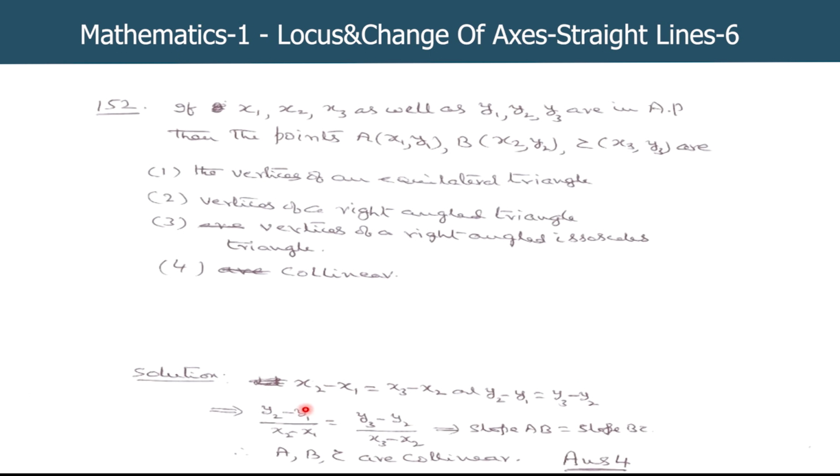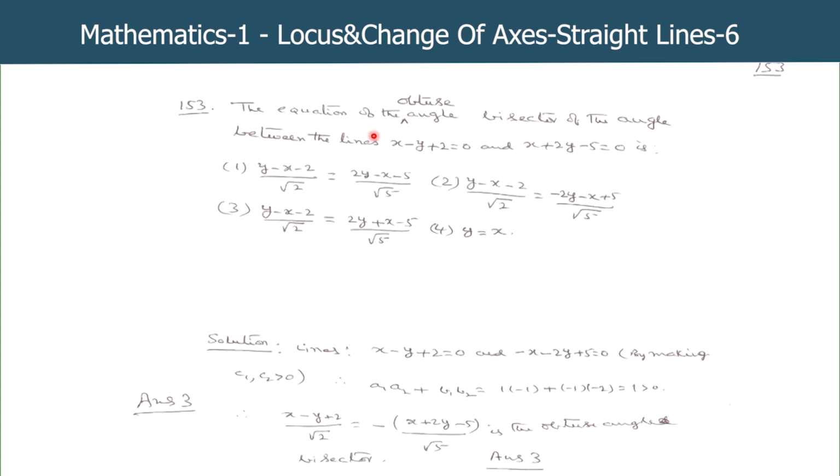So (y2 minus y1) by (x2 minus x1) is equal to (y3 minus y2) by (x3 minus x2). That means the slope of AB is the same as the slope of BC, so A, B, C are collinear. So the correct option is number 4.